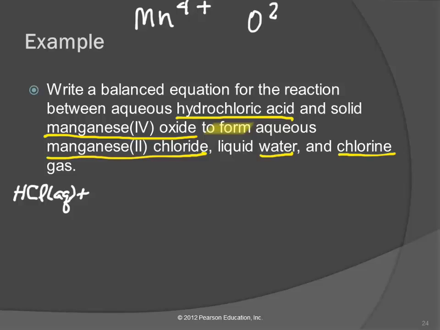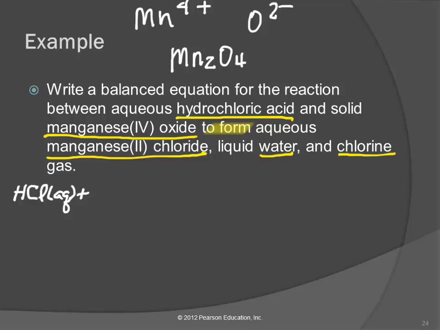Oxygen has a 2 minus charge. So we look at those charges. They're not the same. And so we learned that we could do crisscross with that, right? Then we would end up with Mn2O4. This is one of the small percentage of compounds where if you do crisscross and don't think about it, you're going to get yourself in trouble.